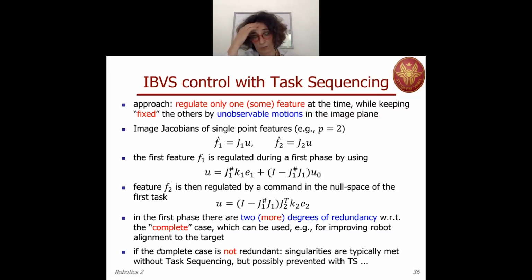In the first phase there are of course 2 or more degrees of redundancy, which could possibly be used to improve the alignment of the robot with the target or whatever other behavior or task we would like to achieve.